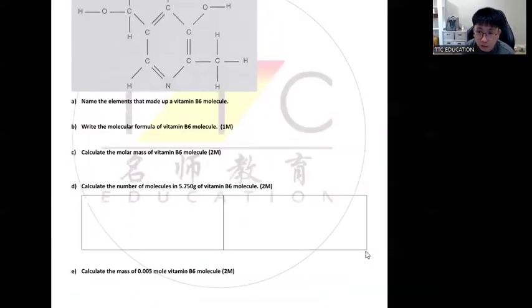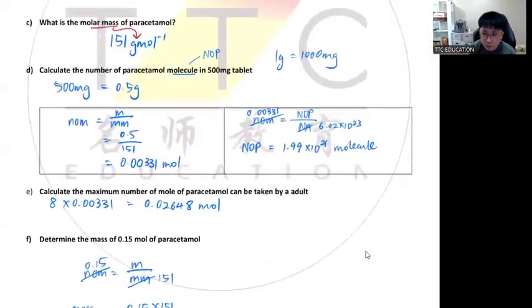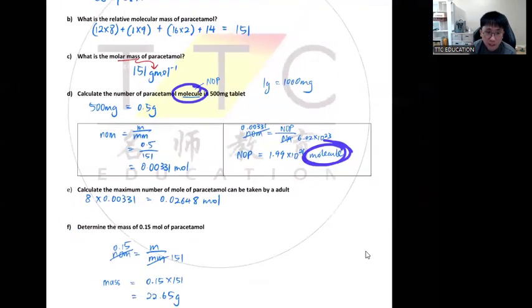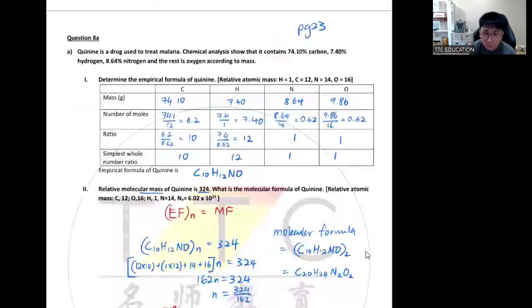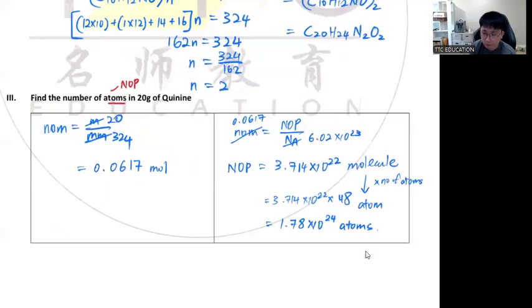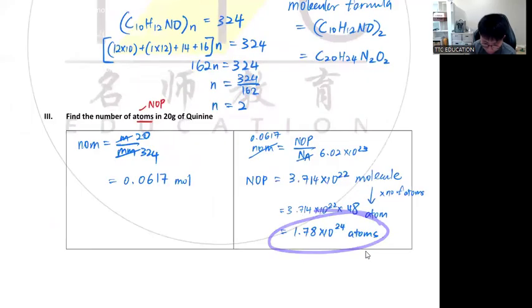Like what? Like this one. Remember the previous question that we do? Do you see here I stop at molecule? Because they want to find molecule. So want to find molecule, then just molecule. Okay. So understand.